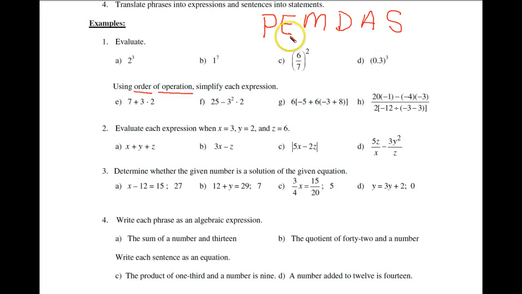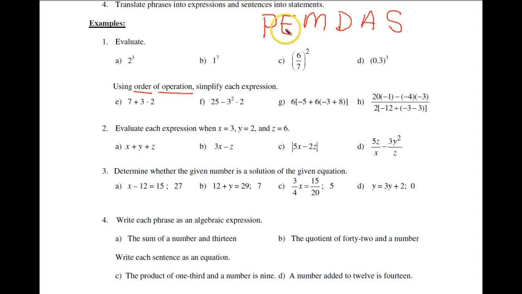Now, when we do things in mathematics, in order for everyone throughout the world to get the same answers, there is a certain order we must follow. And P stands for parentheses or grouping symbols. We do that first, along with exponents, raising something to a power first.